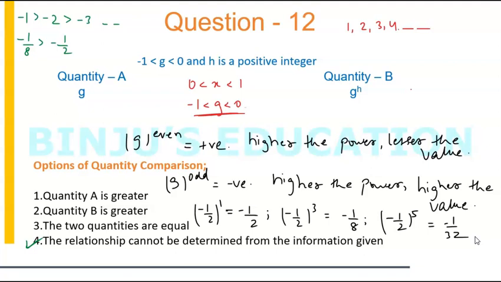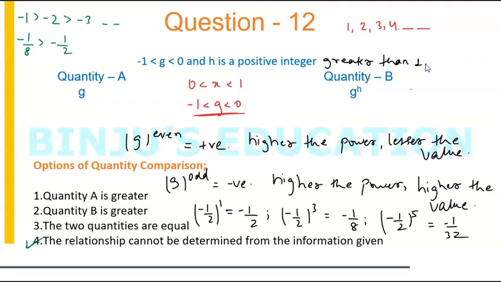For example, if I change my question stem and write h is a positive integer greater than 1, then everything will change. Now in this case, your answer will be B. Because if you have an even integer, then g to the power h is always greater than g.